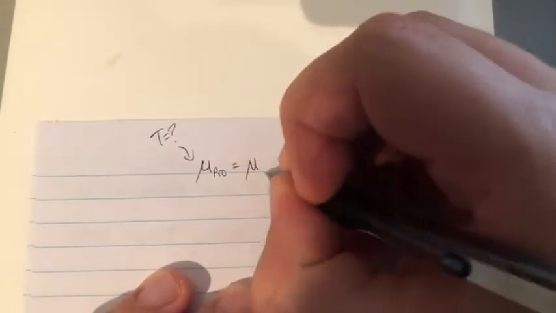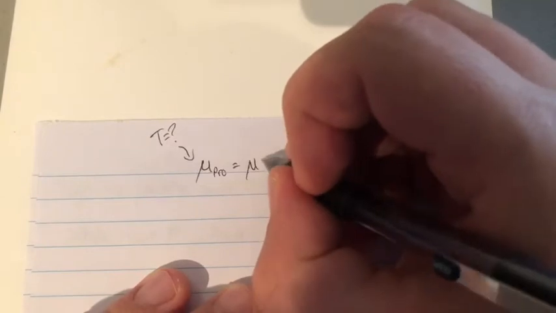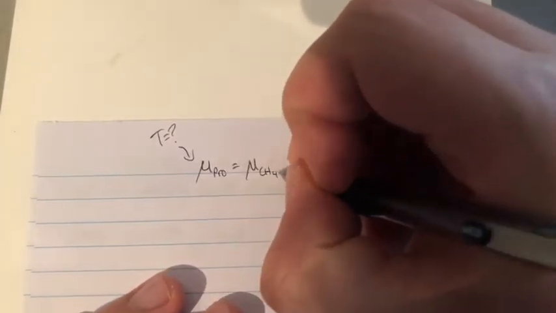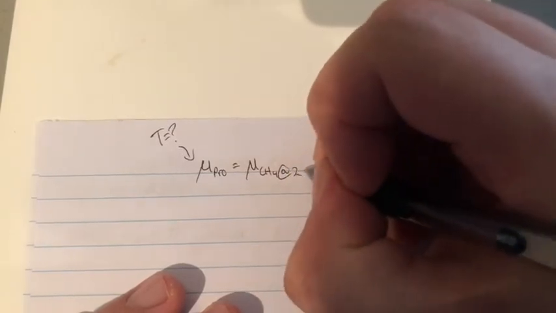So that means root mean squared velocity of propane when root mean squared velocity of CH4 at 298.